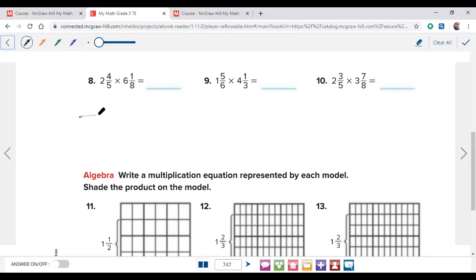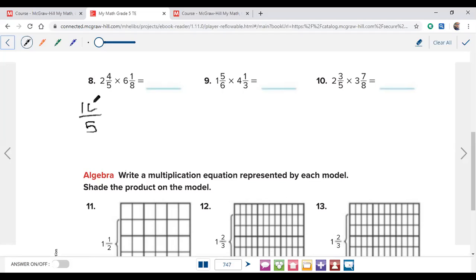Yes, we keep the denominator, which is 5, and then multiply the denominator by the whole. 5 times 2 equals, yes, 10, then add the numerator, which is 4. So 10 plus 4 equals, yes, 14. So it will be 14 out of 5.